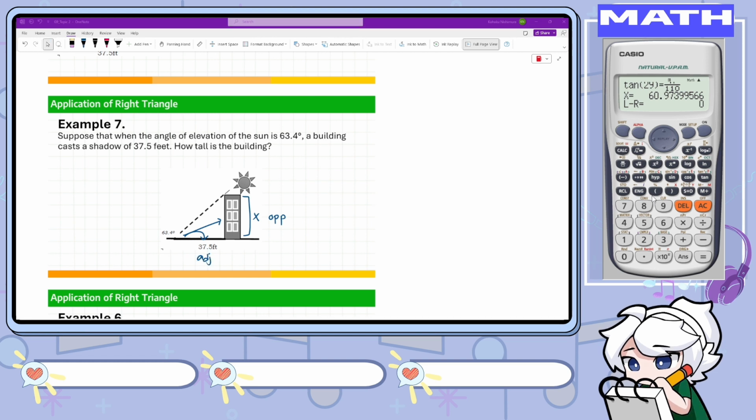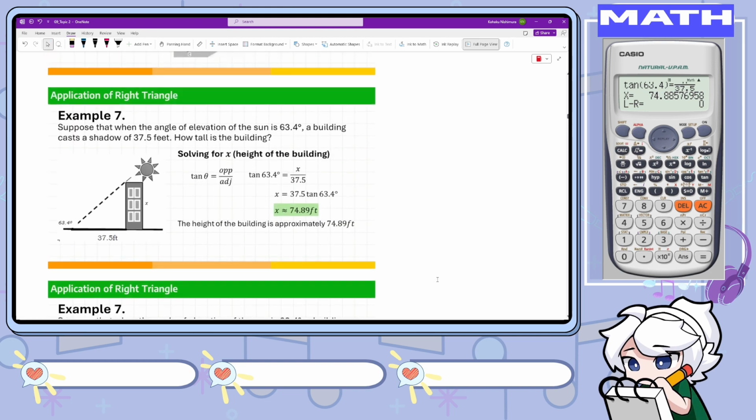If you want to solve this using a calculator, we apply tangent 63.4 is equal to opposite over adjacent 37.5. Shift solve, equal to approximately 74.89 feet. Let's see if the answer is correct. Okay, there. The answer is correct. 74.89 feet.